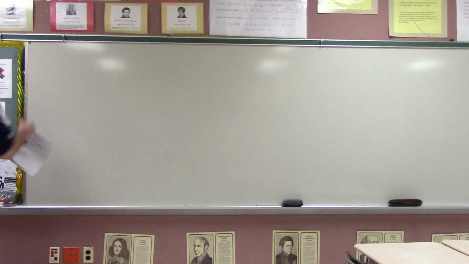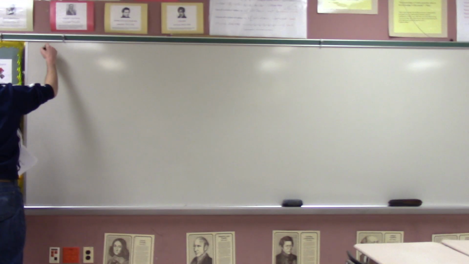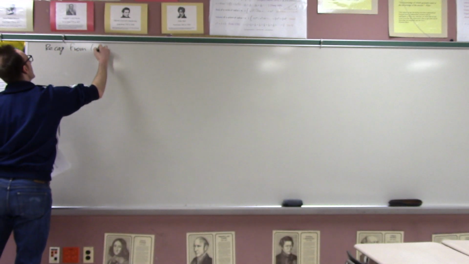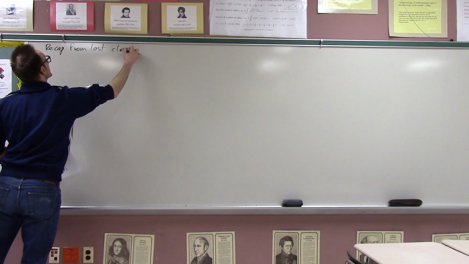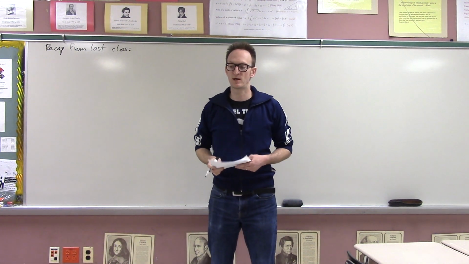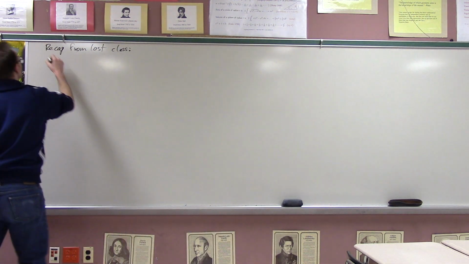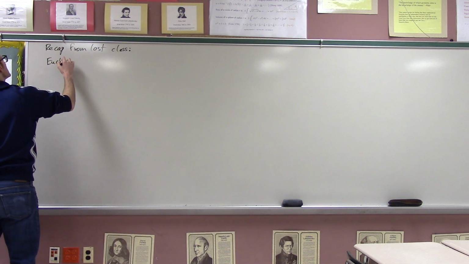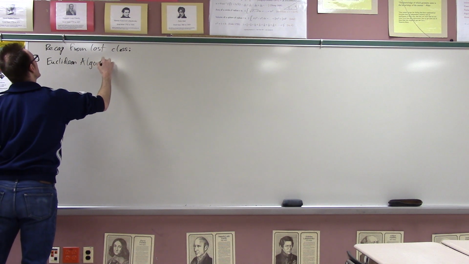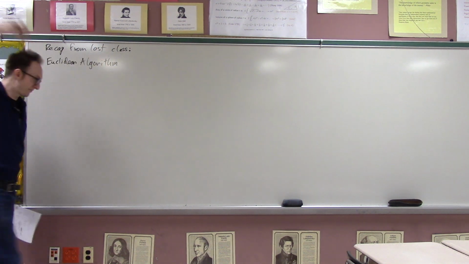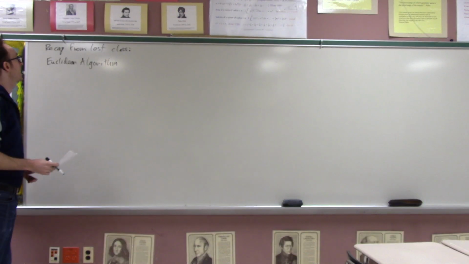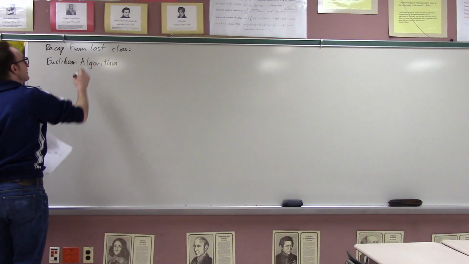All right, well, first of all, a recap from last class. One thing that happened at the very end of class was this thing called the Euclidean Algorithm. The Euclidean Algorithm, not to be confused with the Euclidean division algorithm, is an algorithm for finding the GCD of two numbers.